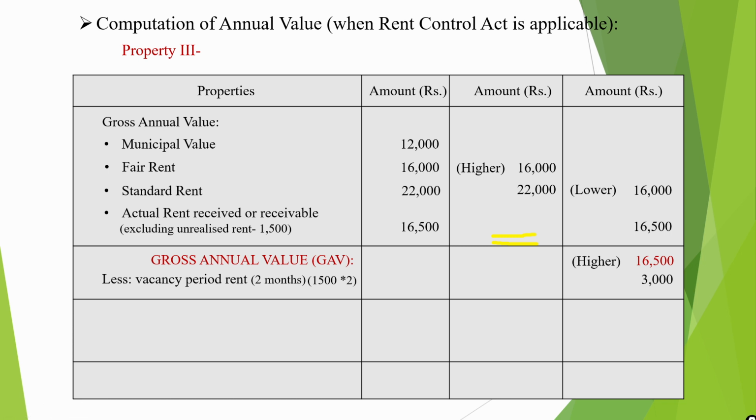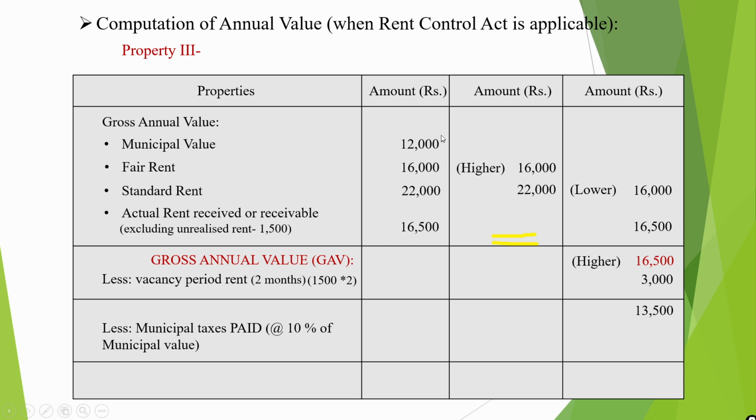After deducting this 3,000, you will get the adjusted GAV of rupees 13,500. Now from this adjusted GAV, again you have to deduct the municipal taxes paid, and it is 10% of municipal value.